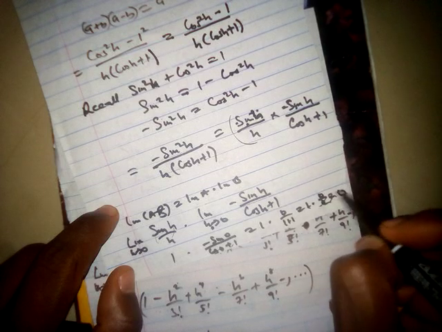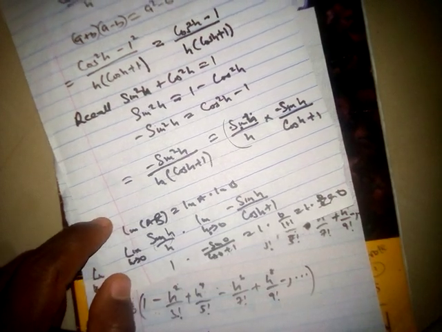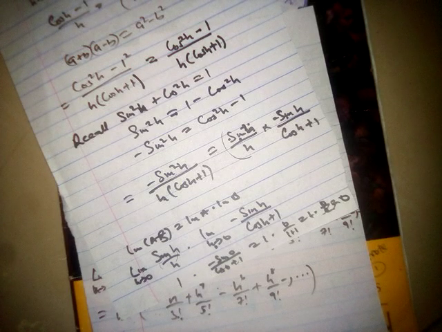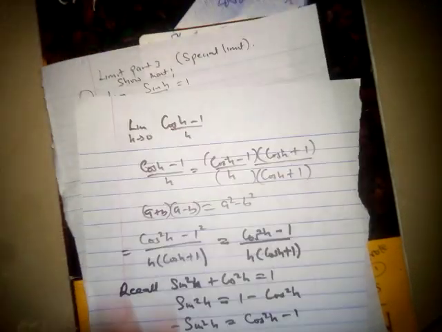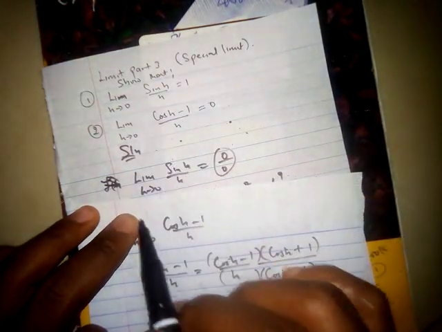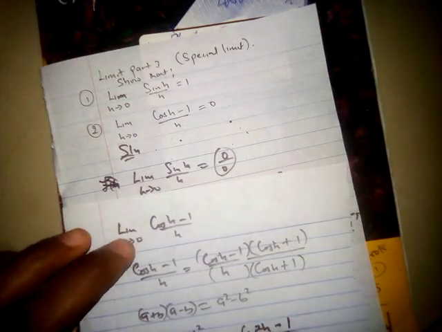So 1 times 0 is 0. We have shown that the limit of sine h over h as h approaches 0 is 1, and the limit of (cos h minus 1) over h as h approaches 0 is 0.